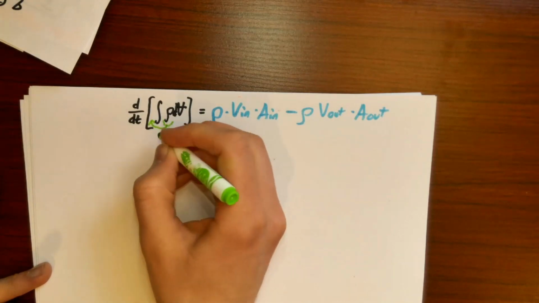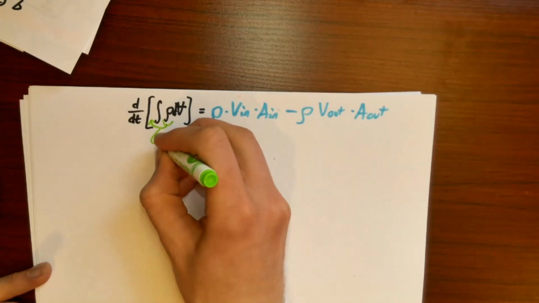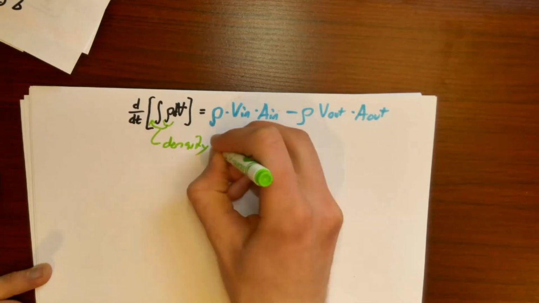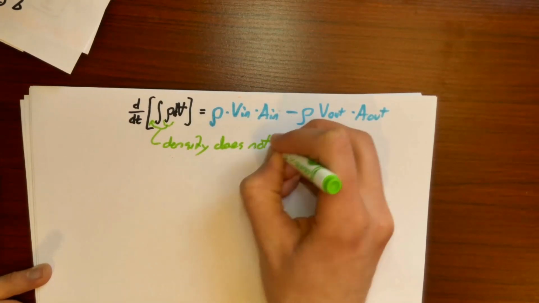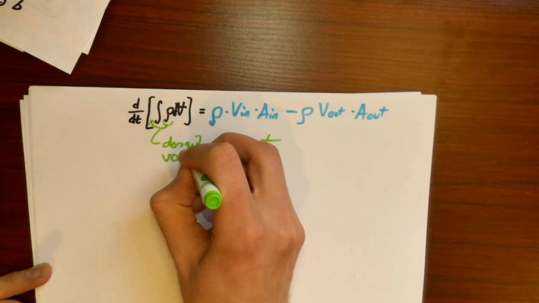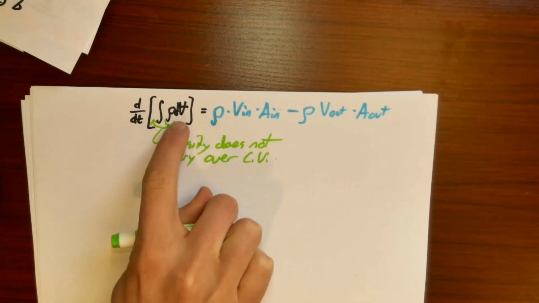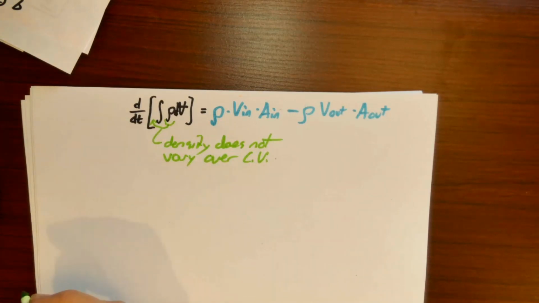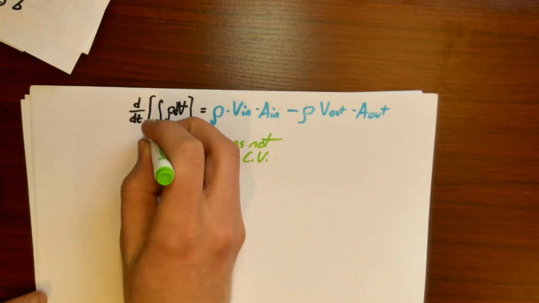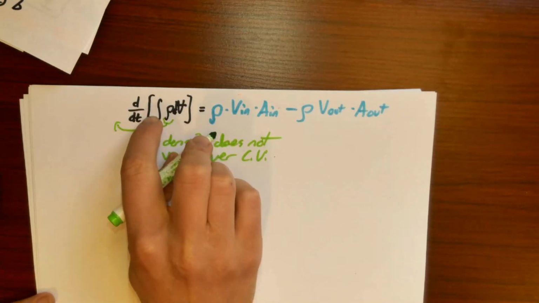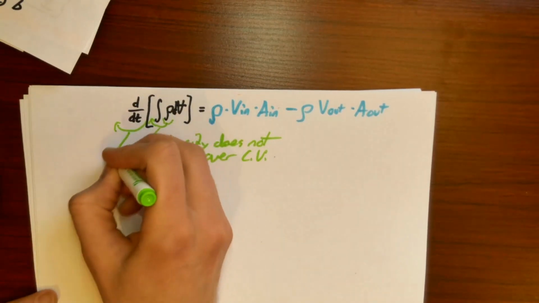So if density does not vary over our control volume, then we can pull it out of the integral. And if density does not vary with time, then it can be pulled out of this derivative as well.